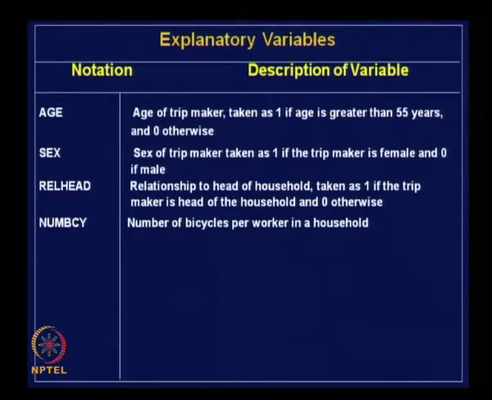Number of bicycles, it is not simply vehicle ownership. Please note, here we have defined vehicle ownership differently. It is defined as number of bicycles per worker in a household, because we are concerned about modeling mode choice for work trips.